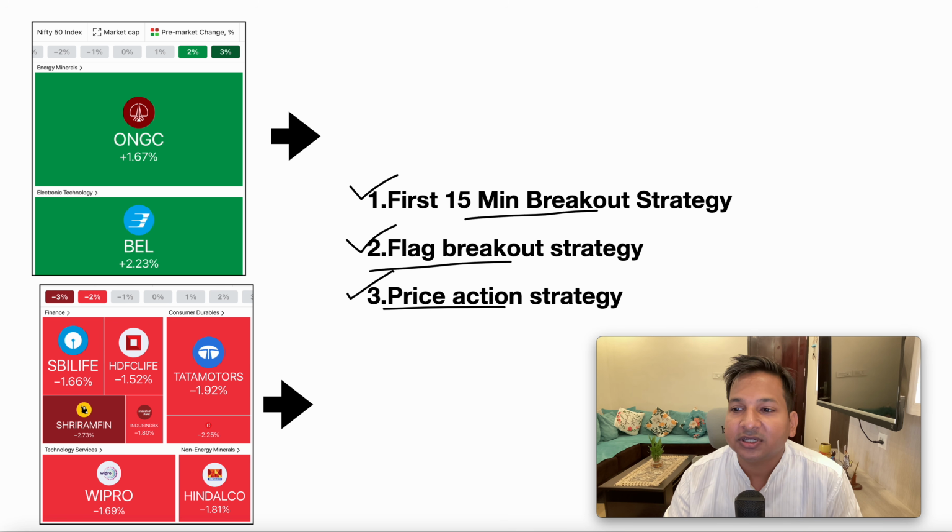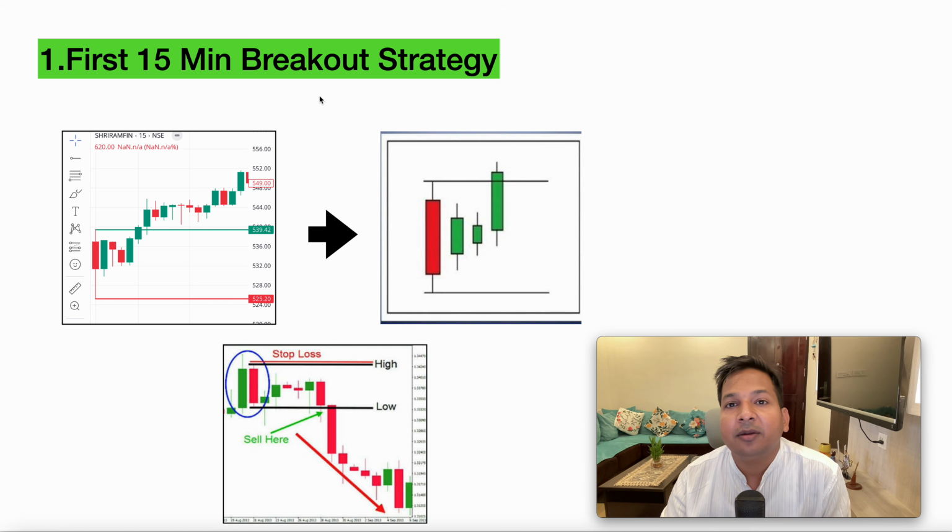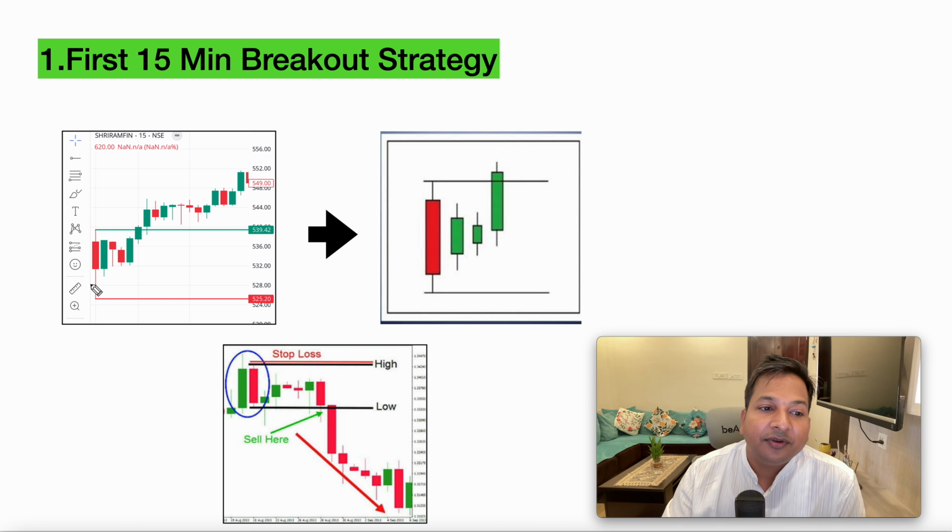So what is the first one? The first 15-minute breakout strategy tells you that for the first 15-minute candle you have to mark the high and low. This is a recent example of Shriram Finance, when the stock price was at 525.